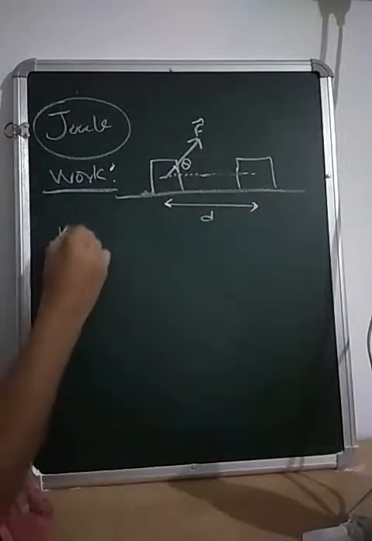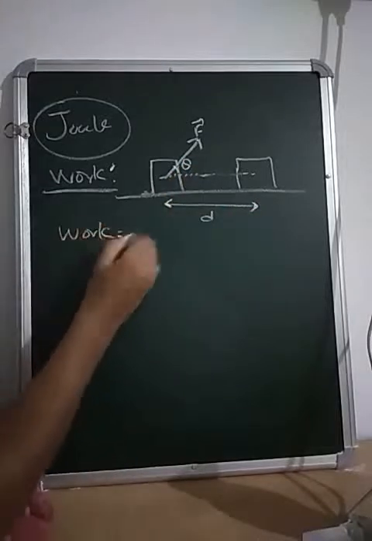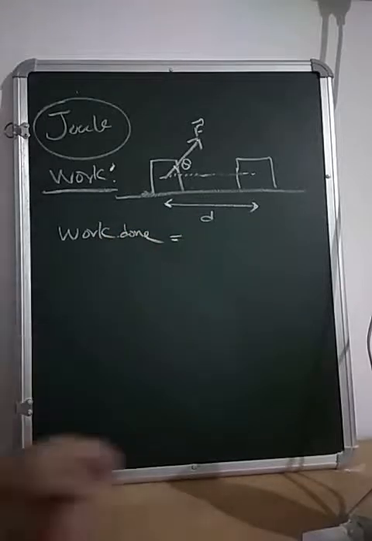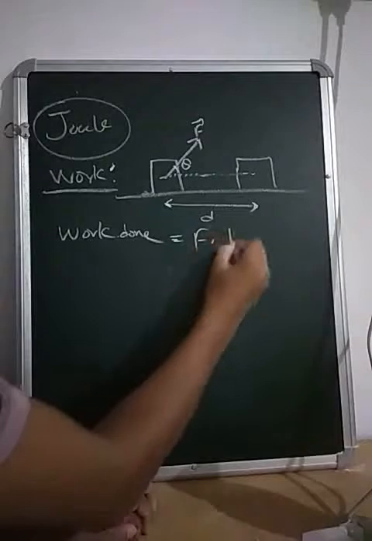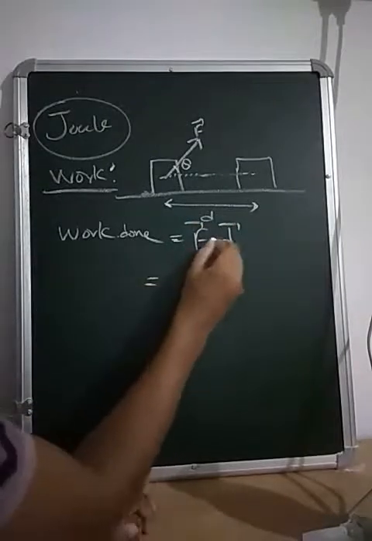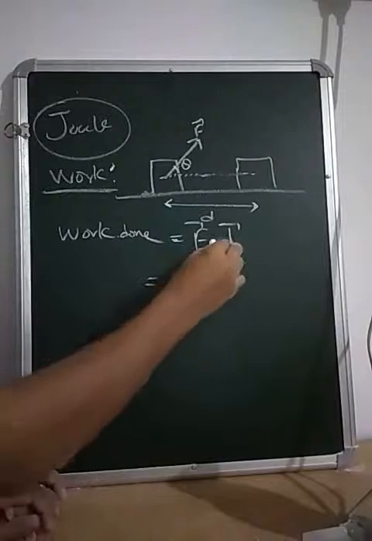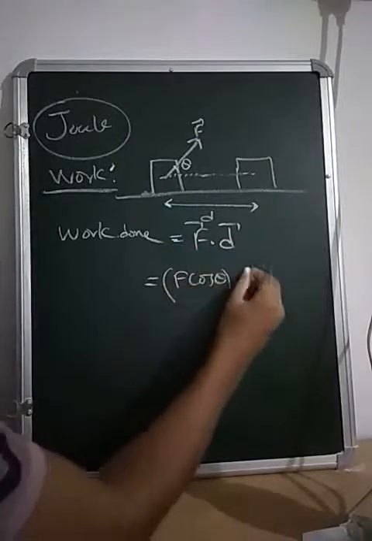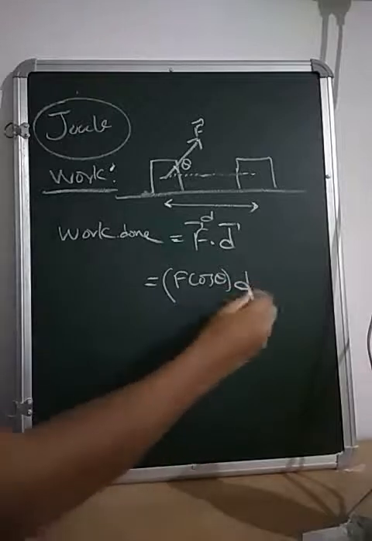So what is the work done in this case? Work done is F dot D, which means F cos theta into D.